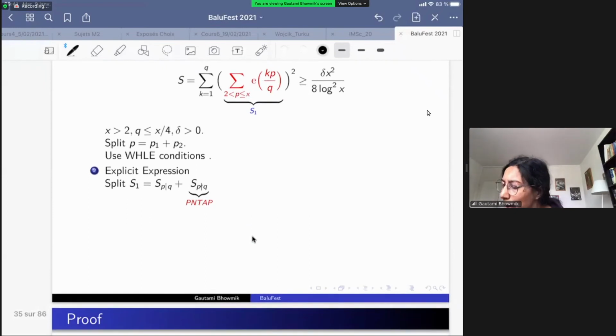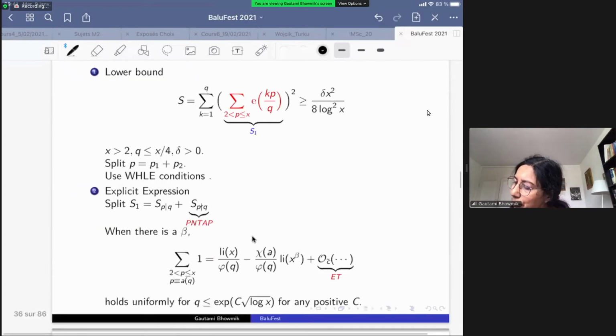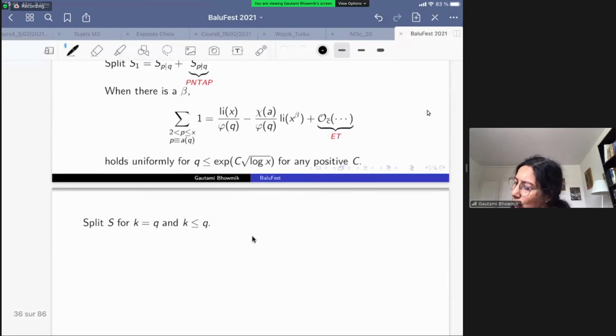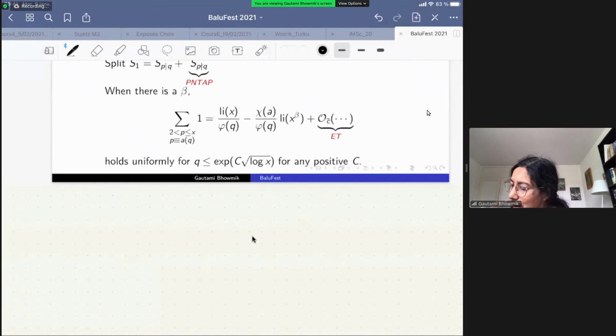We take two cases: where q is divisible by a prime and q is not divisible by a prime. If q is not divisible by a prime, then we use the prime number theorem in arithmetic progression. Yeah. So then, okay, what we can get is S1.